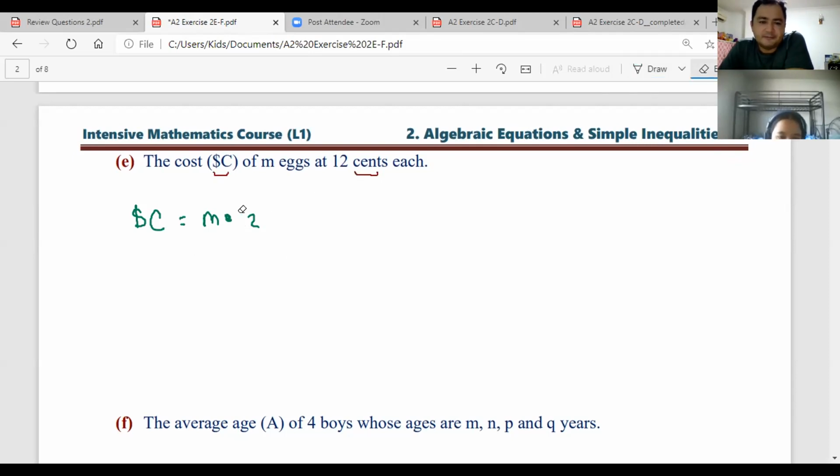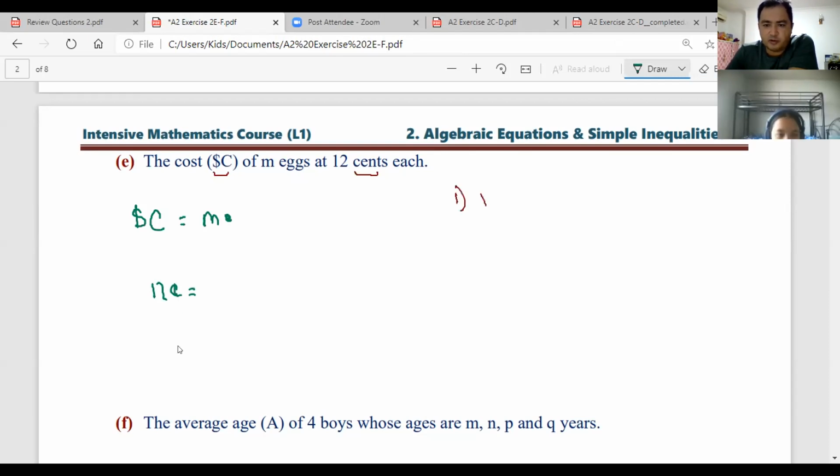Okay, so 12 cents, first step. 12 cents, just the symbol. If you are asked to show your work, first you need to convert this.